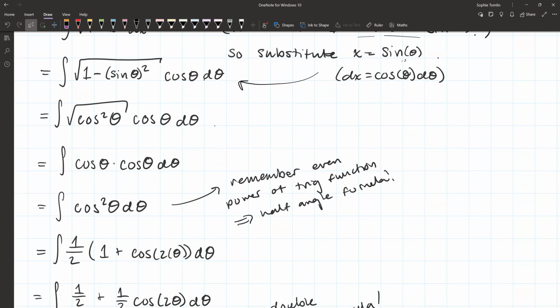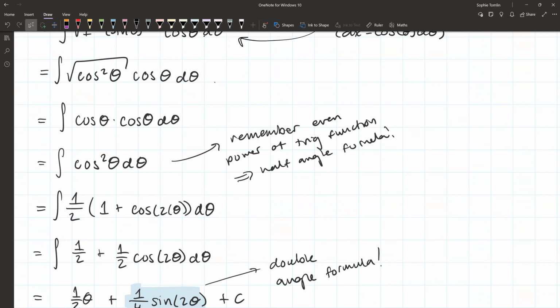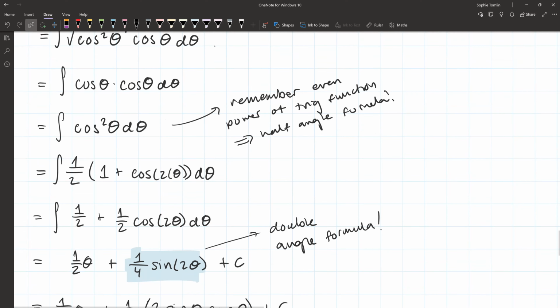And then we remember what we do for even powers of trig functions. We have our half angle formula, which we'll substitute back in. So now we're left with 1 over 2 times 1 plus cos of 2 theta d theta. Now this is something that we can probably do a little bit more easily.